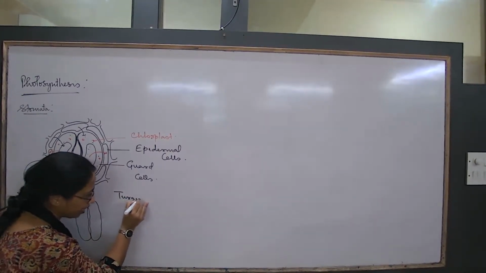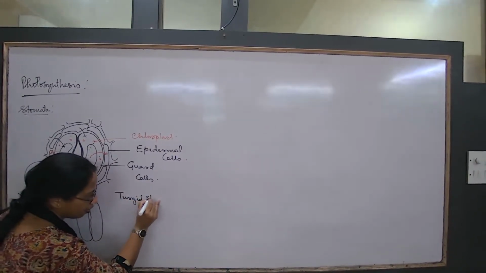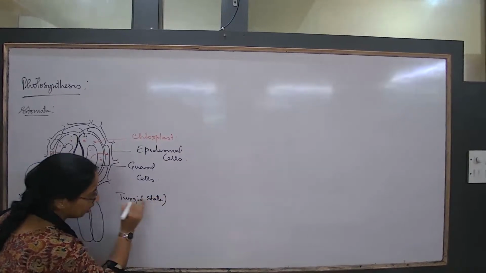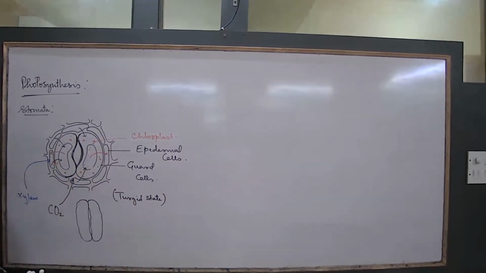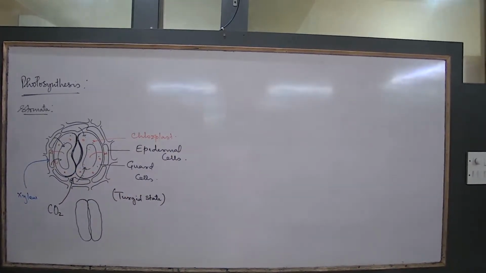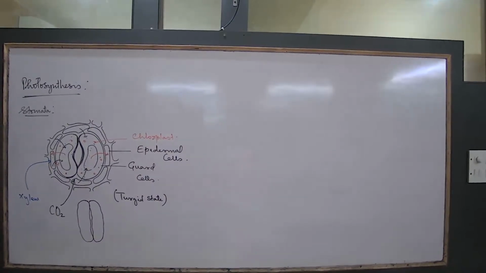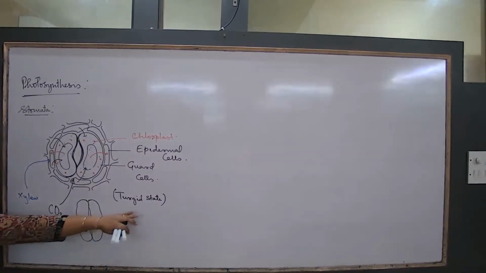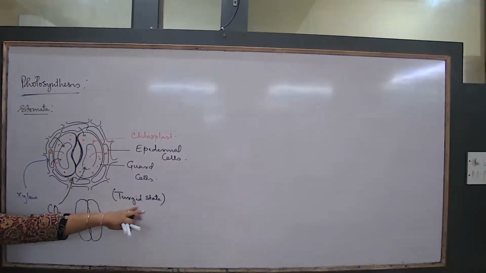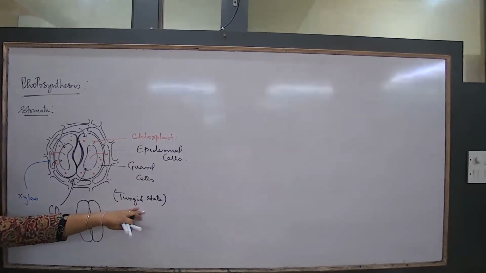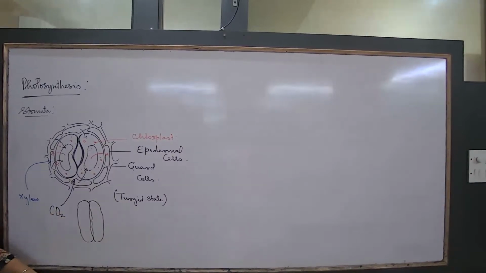Within bracket you write turgid. This is called the turgid state. Continuous absorption of water makes the guard cells tight, filled with water. Within bracket, turgid state.